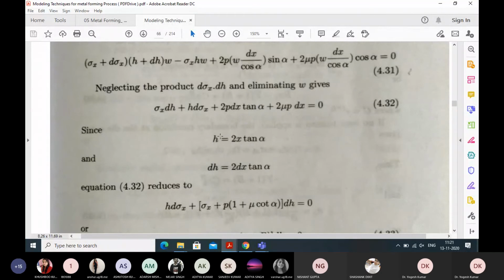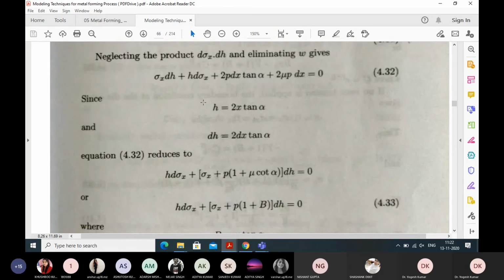So we can calculate h equal to 2x tan alpha. Since h by 2 divided by x was equal to tan alpha, we have calculated h equal to 2x tan alpha. Okay, so by differentiating this, we can get dh equal to 2 dx tan alpha.